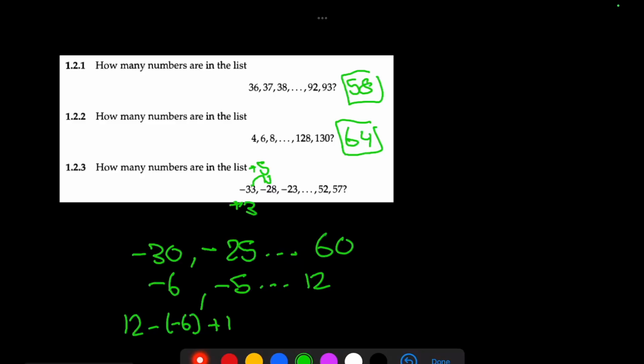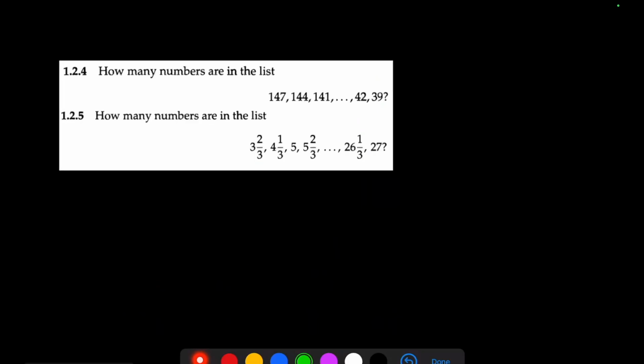And subtracting a negative is just adding. So that would be 12 plus 6 plus 1, which is 19. And that is our answer. Now, again, pause, see if you can solve it yourself.